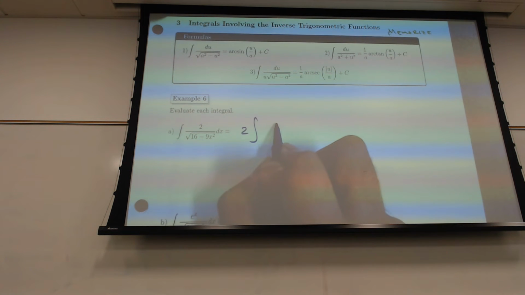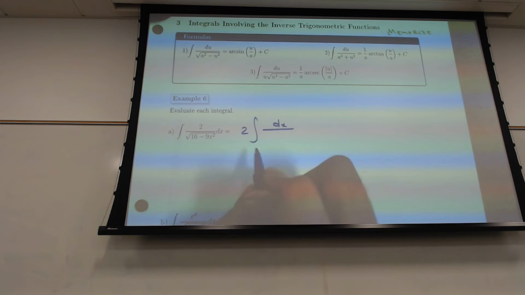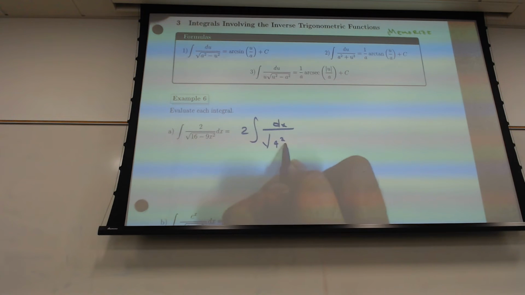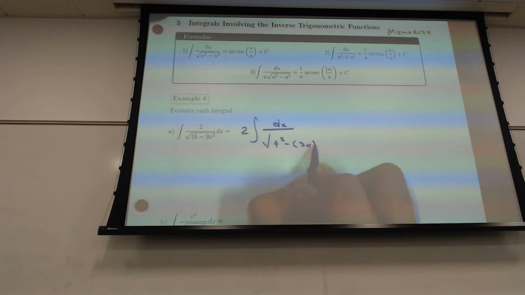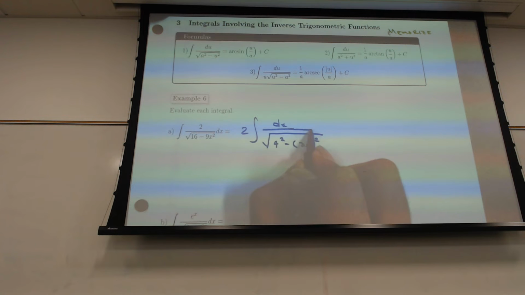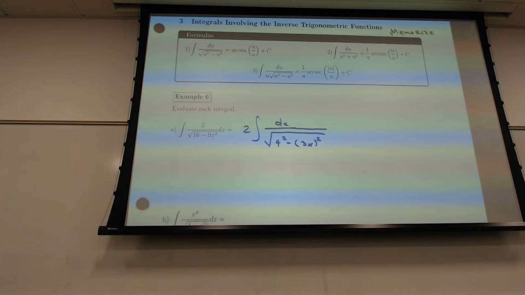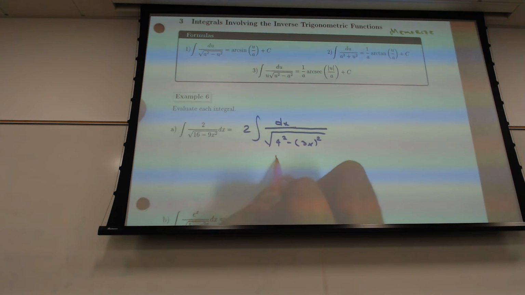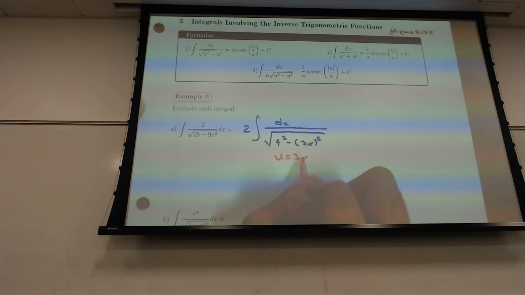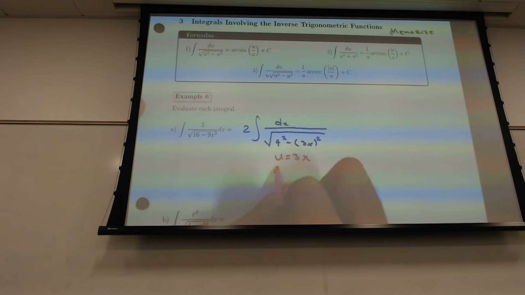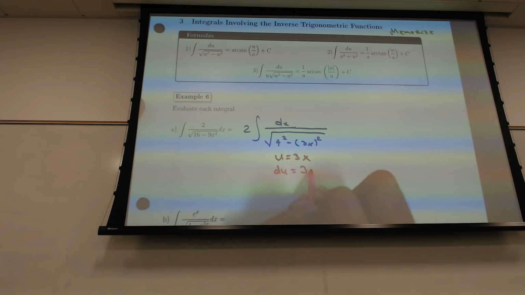And that's 2 dx over the square root of 4 squared minus 3x squared. It's always a good idea to write it in terms of those bases squared so we can identify the u. And it happens in this case that the u is the 3x and du is 3 dx.